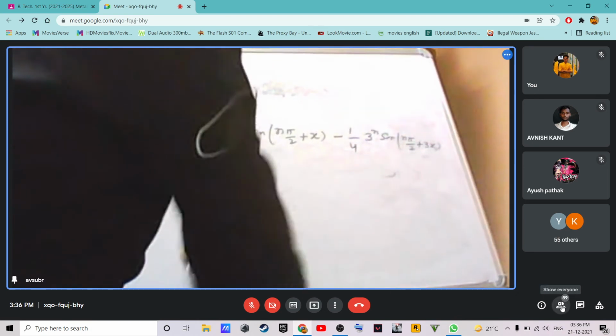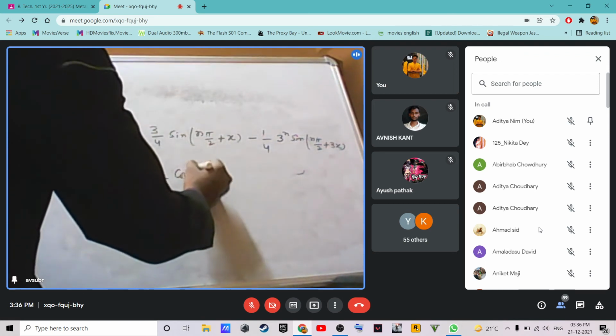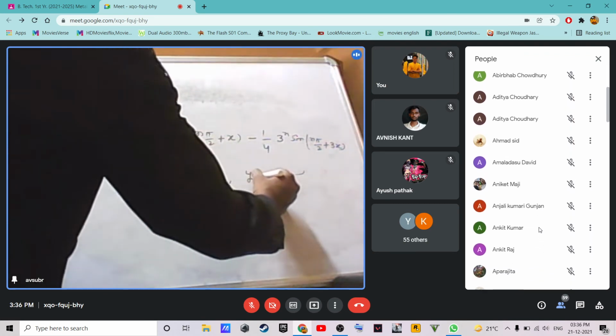So this is what will be my nth derivative. Now find out, if y is equal to cos squared 6x, what will be the nth derivative?